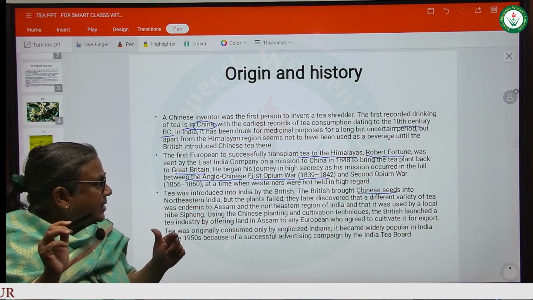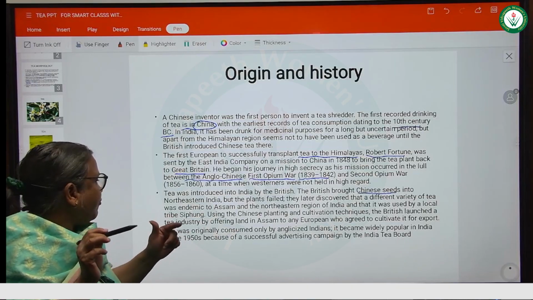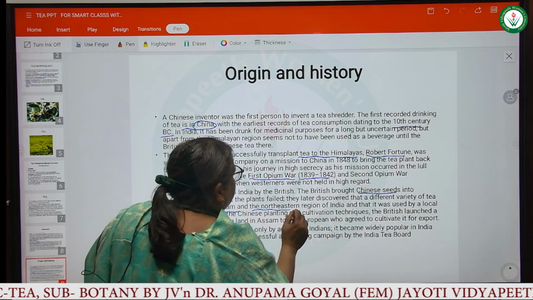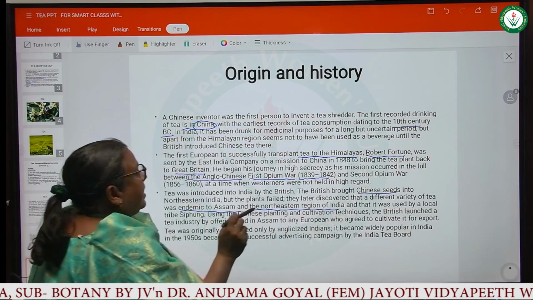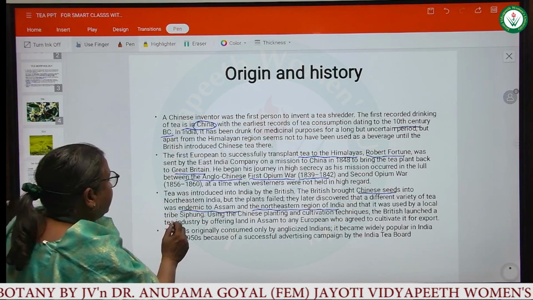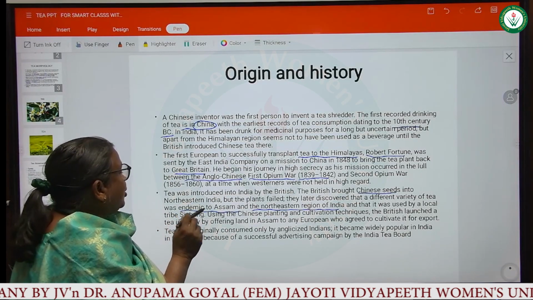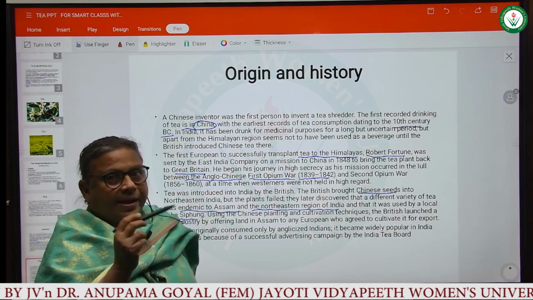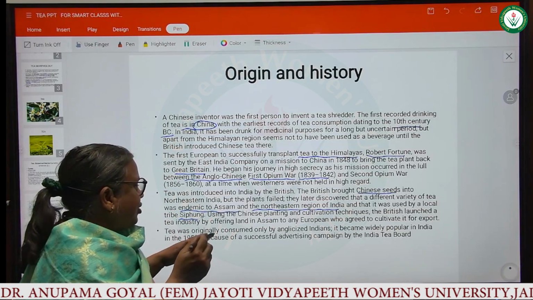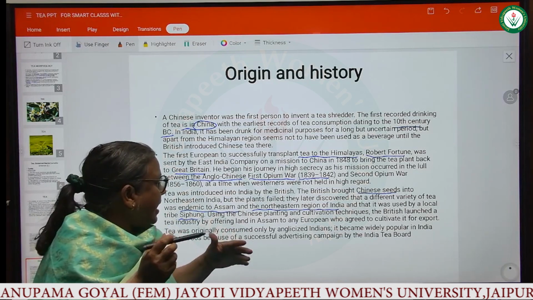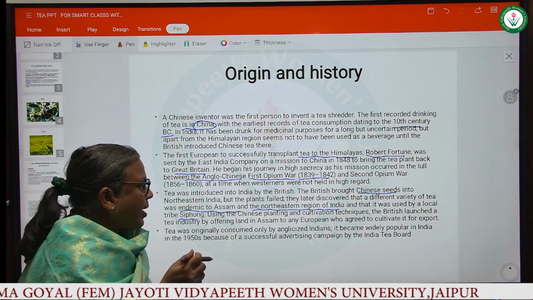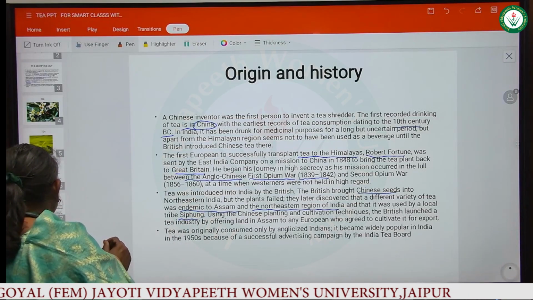They later discovered that a different variety of tea was endemic to Assam and the northeastern region of India, and that it was used by the local tribe Singpho. Using the Chinese planting and cultivation techniques, the British launched a tea industry by offering land in Assam to any European who agreed to cultivate it for export.